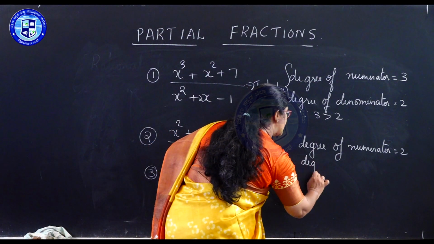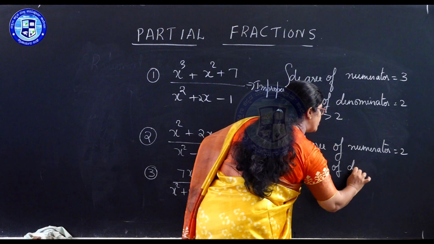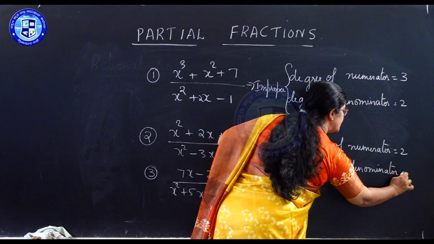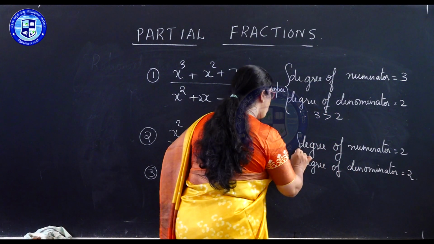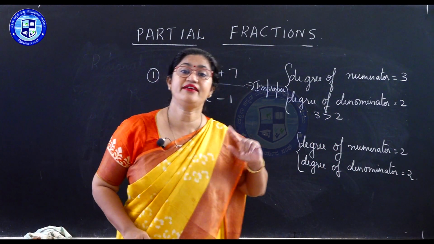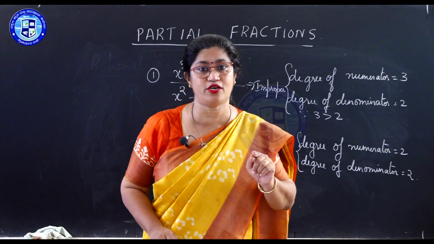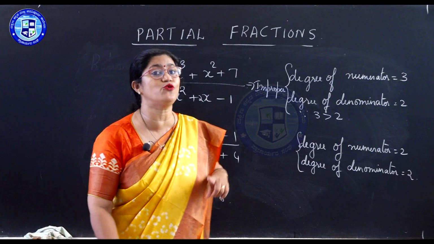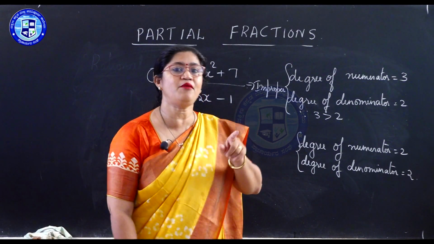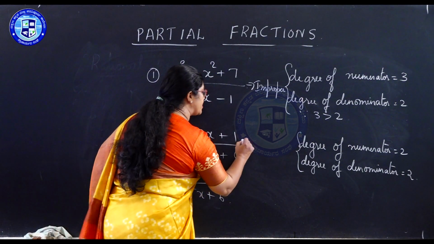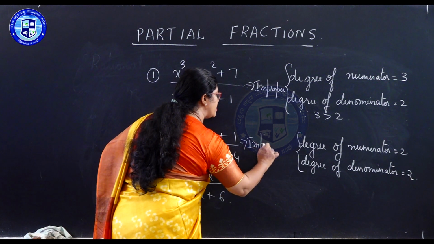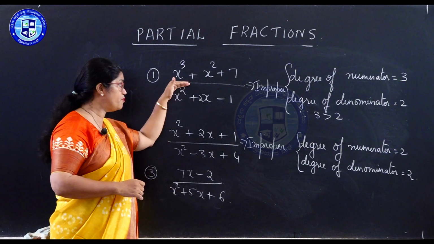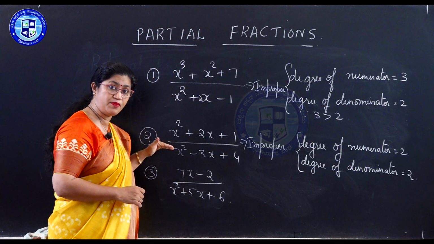So we can say that the degree of the denominator is equal to 2. What do you notice here? The degree of the numerator is equal to the degree of the denominator, and even if it is equal, it comes to the category of improper. So again I conclude that this is an improper rational fraction.